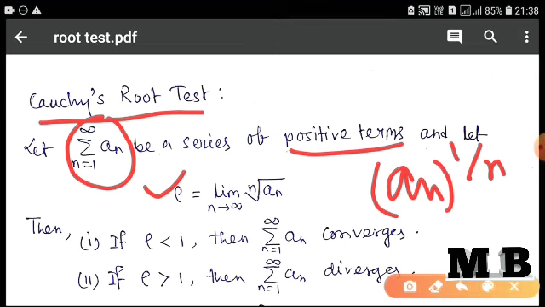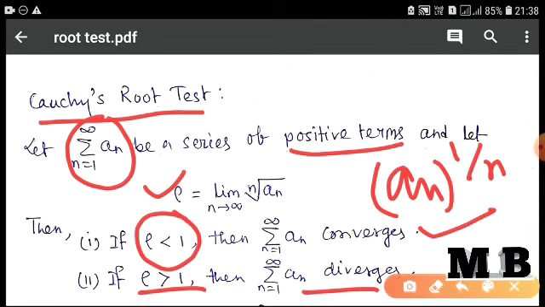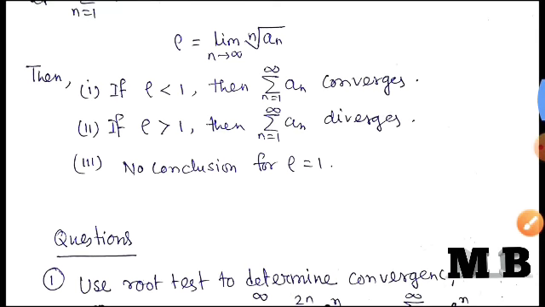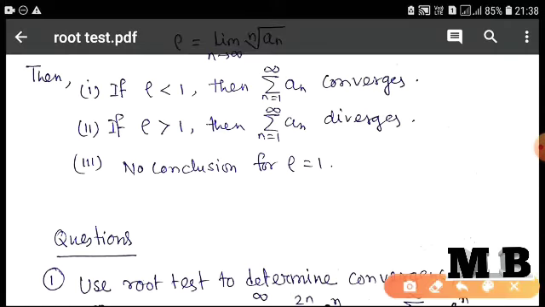That is your rho. Then this test says that if rho is less than 1, then the given series will converge, and if rho is greater than 1, then the series will diverge. And no conclusion can be made when rho is equal to 1. That is a very straightforward statement regarding Cauchy's root test.